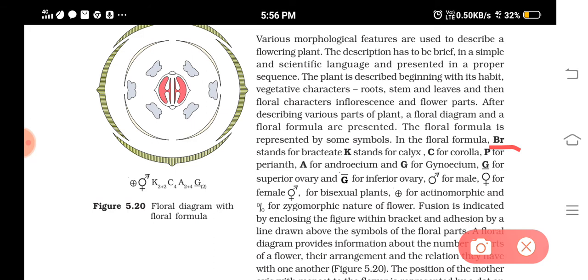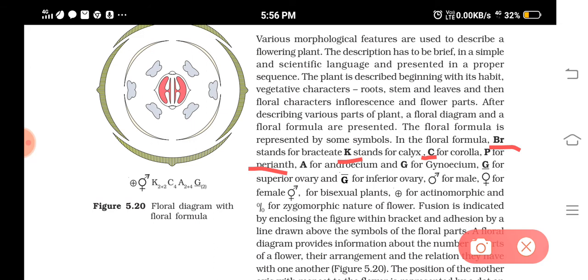Then K is used for the calyx, C for the corolla, and P for the perianth. What is perianth? In monocot flowers, calyx and corolla are not distinguishable. They have a colored part that cannot be called calyx or corolla. That part is known as perianth, so P is used for perianth.